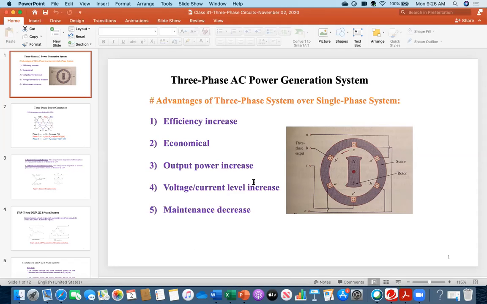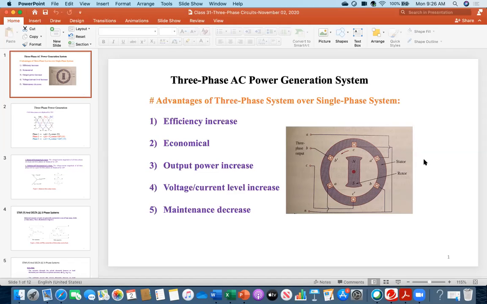And then you can easily understand that your output power increases because you are taking output from three coils, three terminals. You are taking advantage of the magnetic field rotation and the efficiency increase. This means your output power and voltage and current level increase. When you have single phase, your voltage and current level is low.